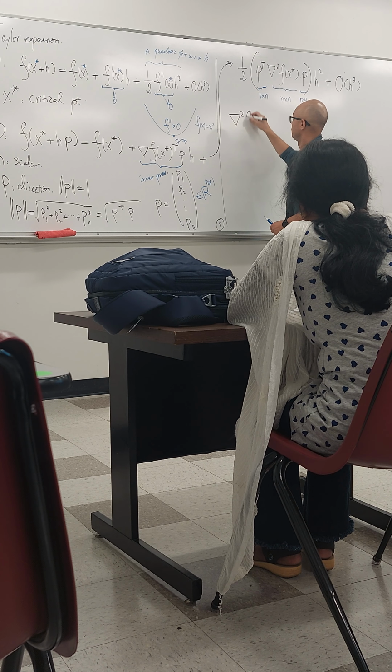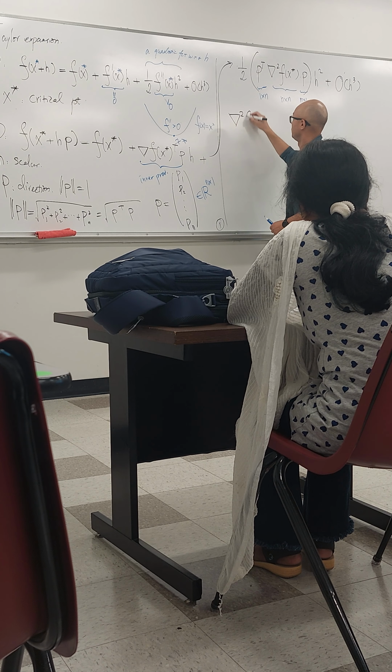This vector has unit length. Agree? Now let's plug it in. P1 is 1, P2 is 0. So we have A11 times 1, and the other terms are 0.